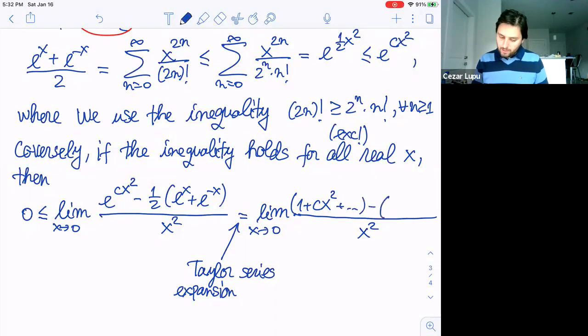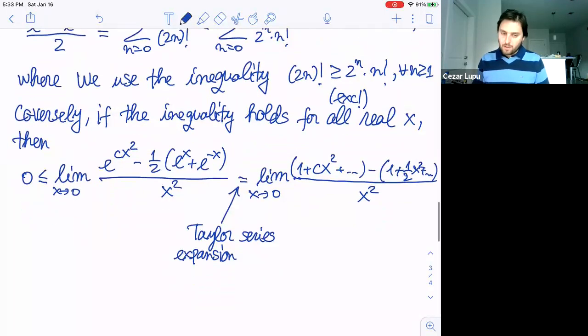And here I'll have minus 1 plus 1/2 x squared plus so on. And if you look, this is nothing else than, guess what? C minus 1/2.